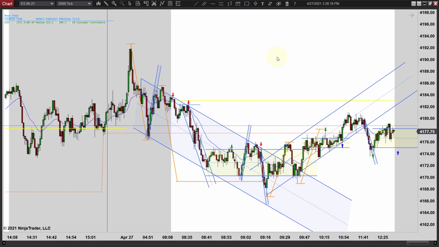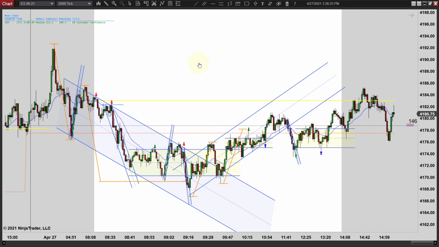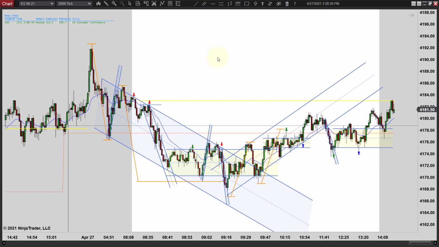But as you can see, this really was just a range day. We had a little bit of a trend down, then we trended back up, and we closed almost unchanged.